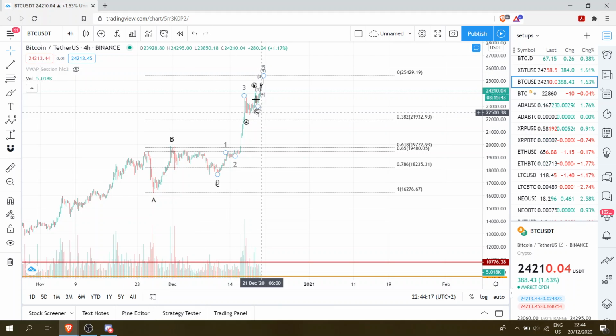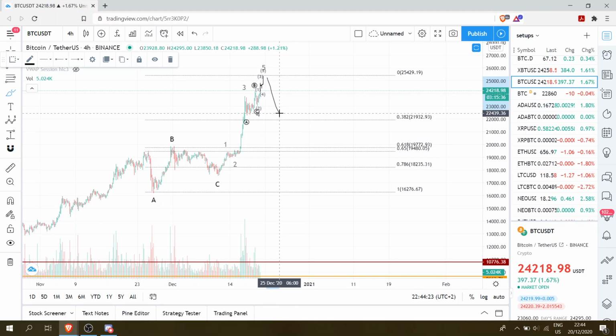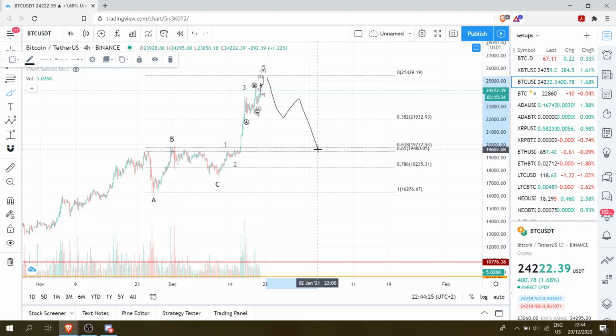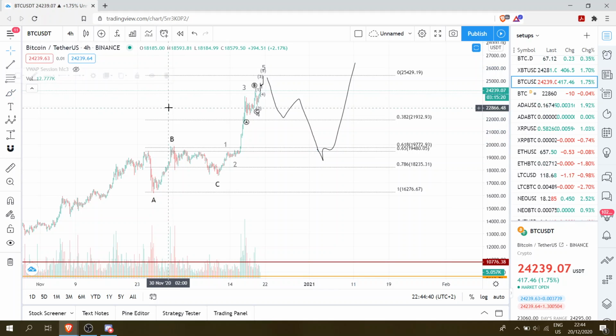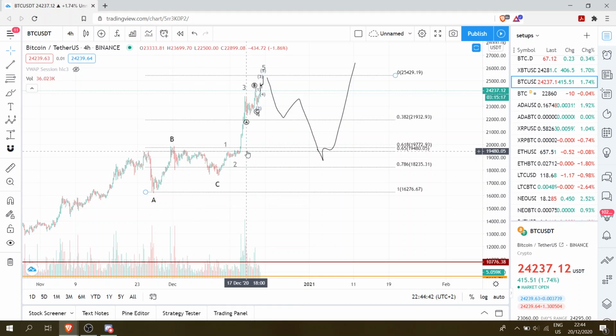After this Elliott wave count, I think we can get a pullback, something like this, retest the previous resistance, now support, and yeah, go higher from here. So of course I will be longing a retest of this resistance, because it really makes sense.